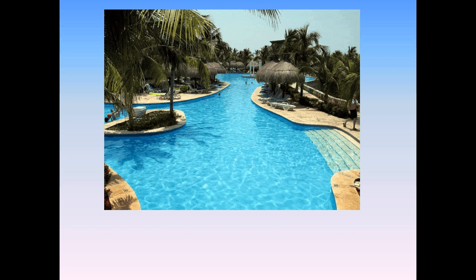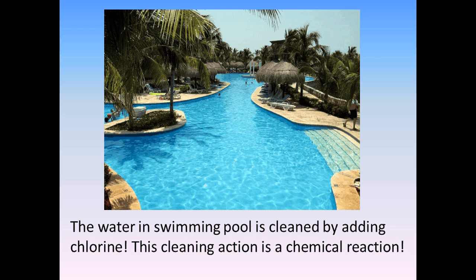The reason is that the water in the swimming pool is not just water. To keep it clean and to maintain the safety of swimmers, chemicals are always added to the water. That's why when you take a dip in a swimming pool, you can smell something like bleach. This is chlorine.